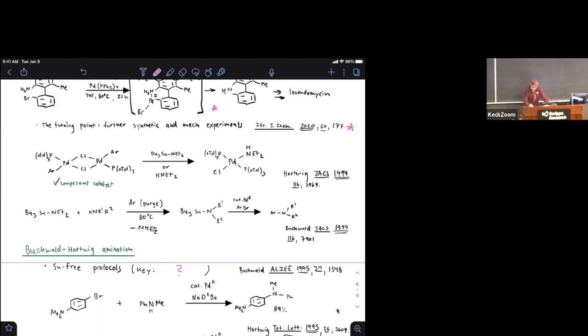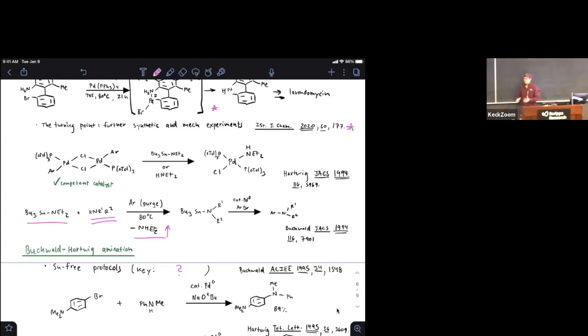They found that whatever coupling partner you wanted to incorporate into your final product, you could mix that together with essentially the lone commercially available tin amide, allow them to equilibrate, and then purge with argon, taking advantage of the fact that dimethylamine is volatile and, under these conditions, 80 degrees with an argon purge, will just be liberated from the reaction mixture.